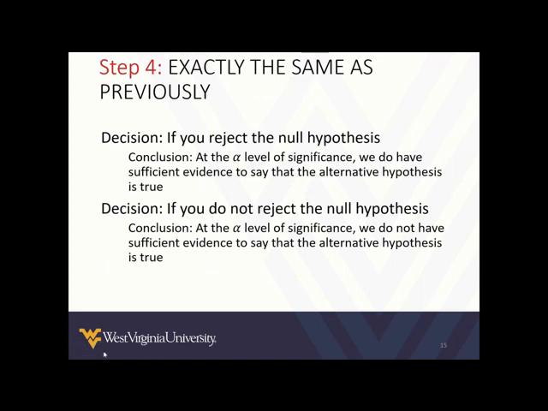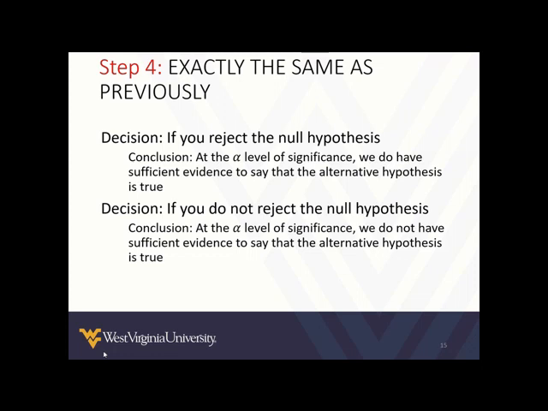And our step 4 is going to be the exact same. It is consistent. If we reject the null hypothesis, then at the alpha level of significance, we do have sufficient evidence to say that the alternative hypothesis is true. And if we do not reject the null hypothesis, then we can say that at the alpha level of significance, we do not have sufficient evidence to say that the alternative hypothesis is true.